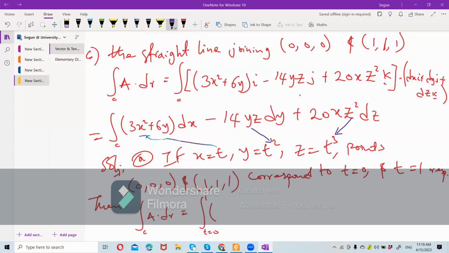That is the meaning. So my equation will now change.